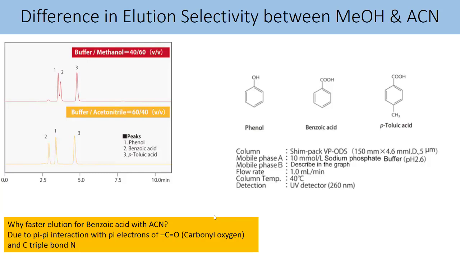Now, is this pi-pi interaction possible with methanol? Methanol does not contain pi electrons, and hence this pi-pi interaction is not possible with methanol, but it is quite possible with ACN. Because of this extra interaction, benzoic acid is going to prefer the ACN present in the mobile phase, and hence it will come along with the mobile phase and elute first and faster.